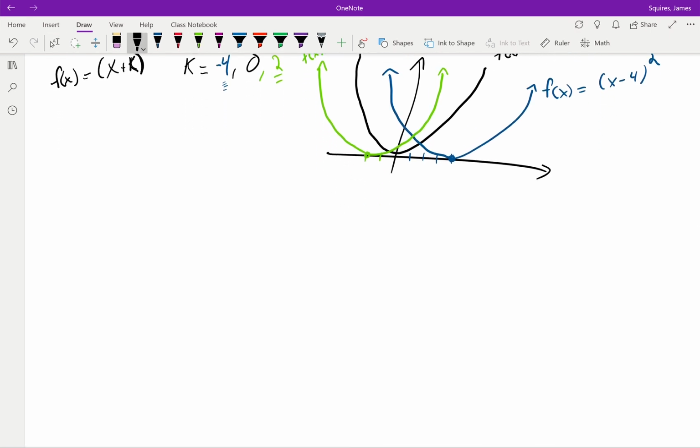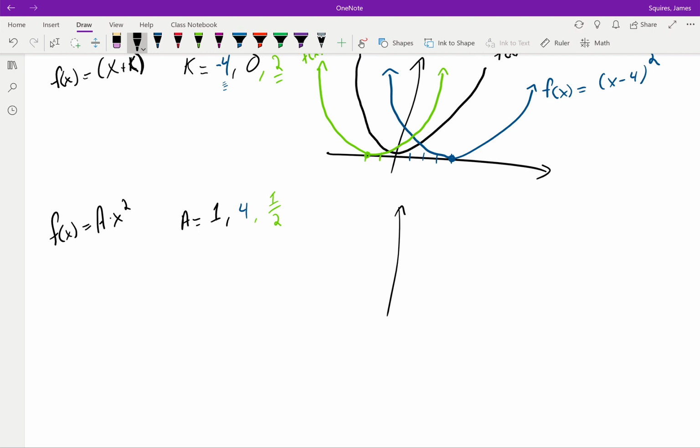Alright, so let's do f of x equals a times x squared for a equals, let's just do 1, 4, and 1/2. So a little bit different numbers, but still we're going to be manipulating our original f of x function.